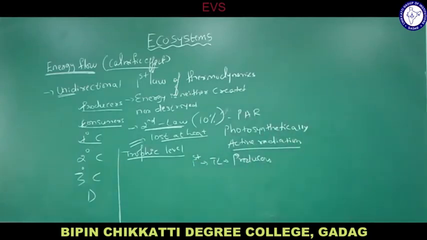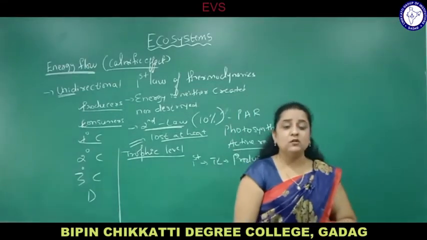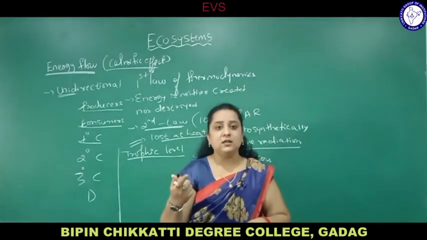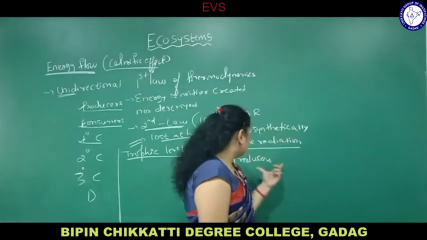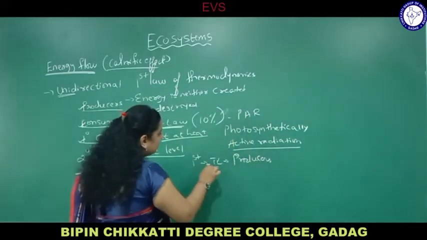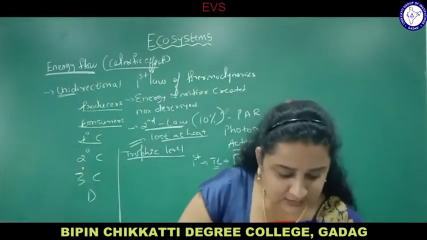As you know, producers are producing the food, that is the green plants. You already know, producers are the organisms which prepare their own food. So they are named producers. TL is trophic level. The first trophic level is occupied by producers. They are called green plants.